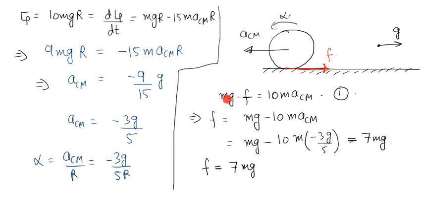So from the first equation, which is the force equation, which was mg minus f is equal to 10 m into ACM, I can calculate the force of friction also. So this will give me the force of friction as 7 mg. So the force of static friction will be 7 mg, and ACM is minus 3g by 5, and alpha is equal to minus 3g by 5r.